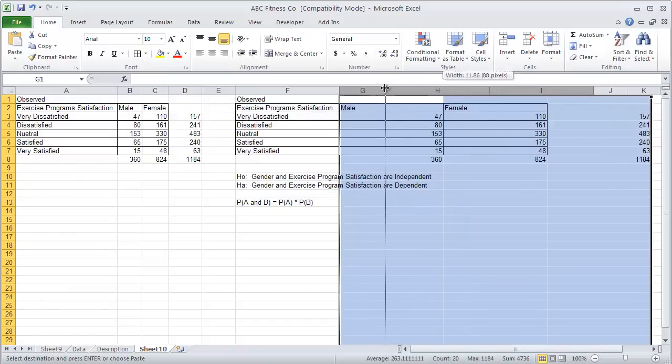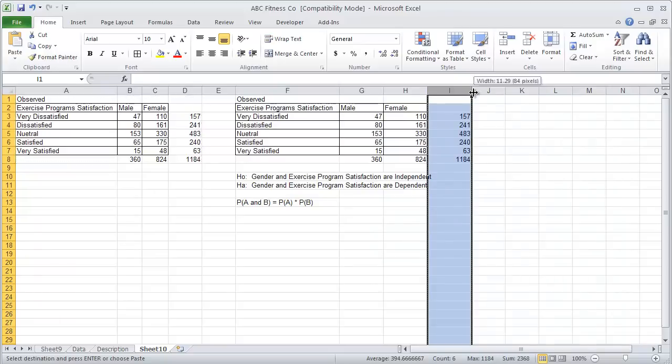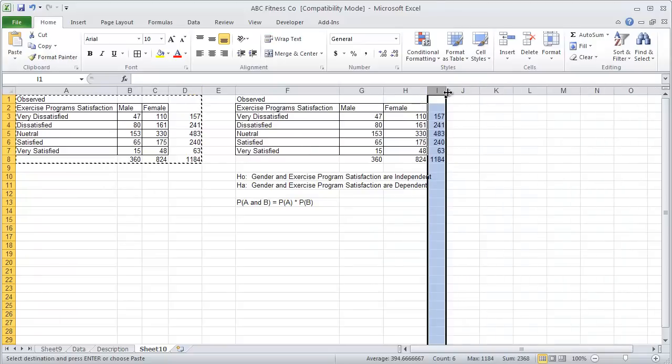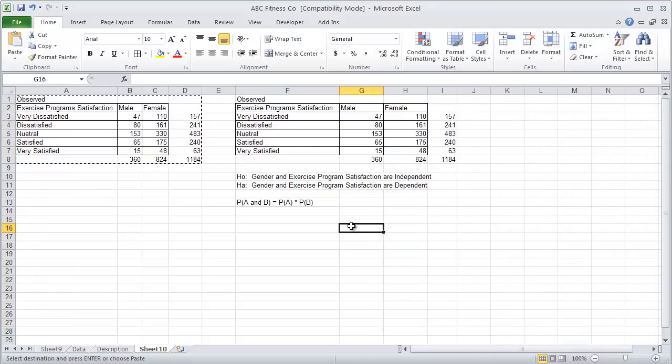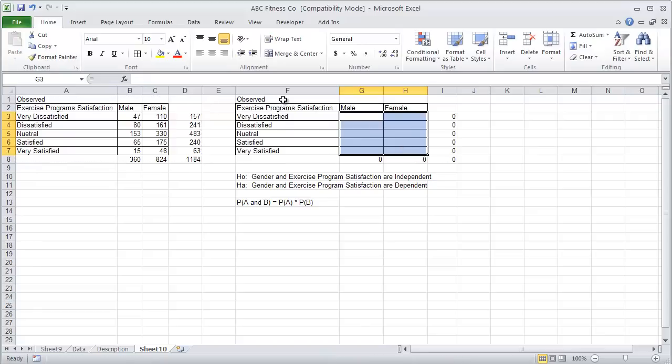let's not have them quite as large as that. And we're going to look at this one and we're going to take out our values and we're going to put an expected value here. So our expected value has to do with the fact that we've said that they're independent.